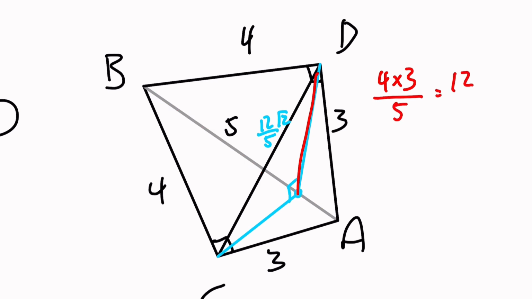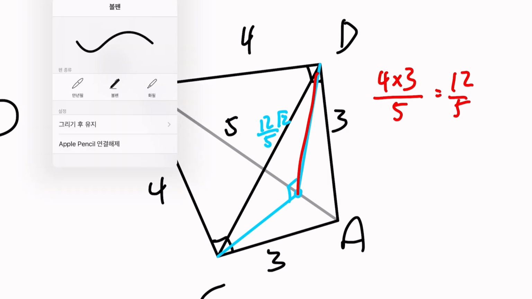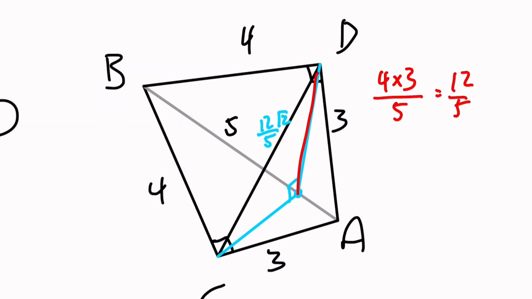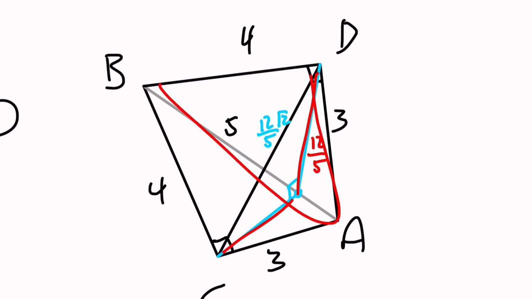So this is 12 over 5, right? And so we can say that this red length is 12 over 5, and same for here because BDA and BCA are the same. So this is also 12 over 5, right? And then if you see, the ratio of the lengths is 1 to 1 to root 2. And so that means that it's an isosceles right triangle, right?